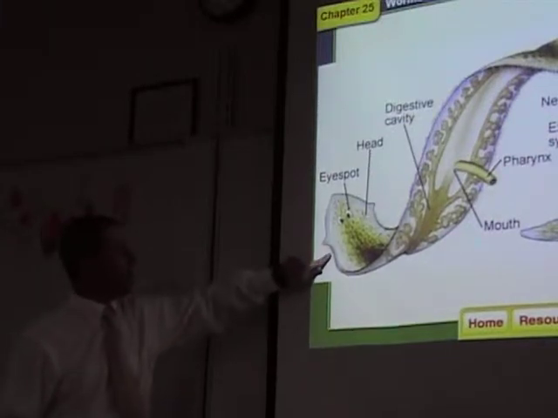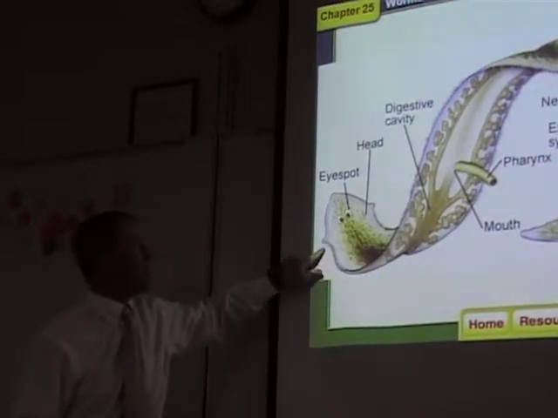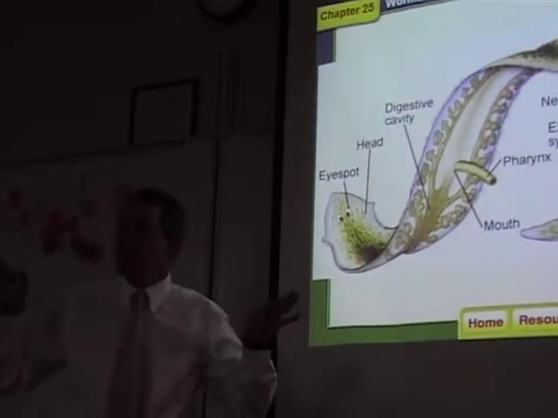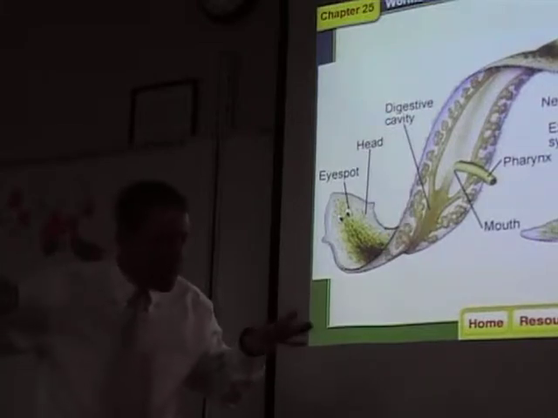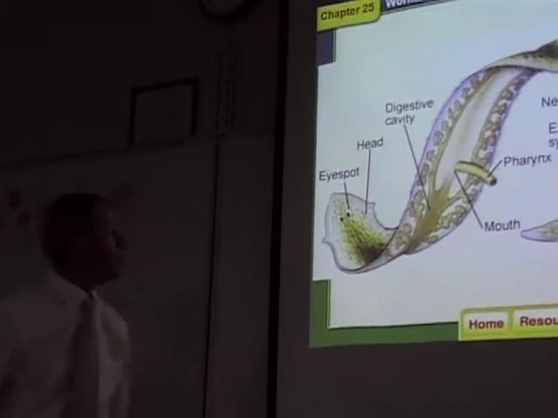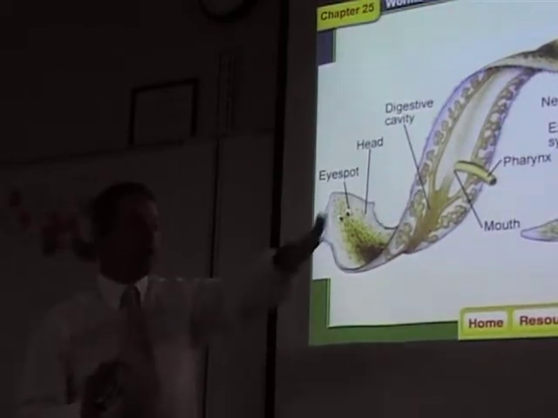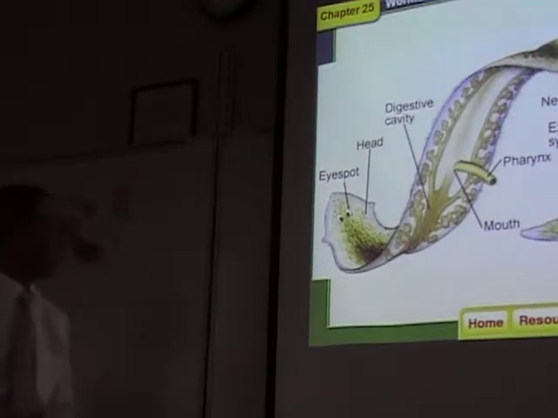You can see they have little hairs covering the edge of their body. Those are little cilia, and that helps them swim. The hairs move back and forth, and it pushes the flatworm along in the water. And it can also move its body like this to help move through the water like a snake.